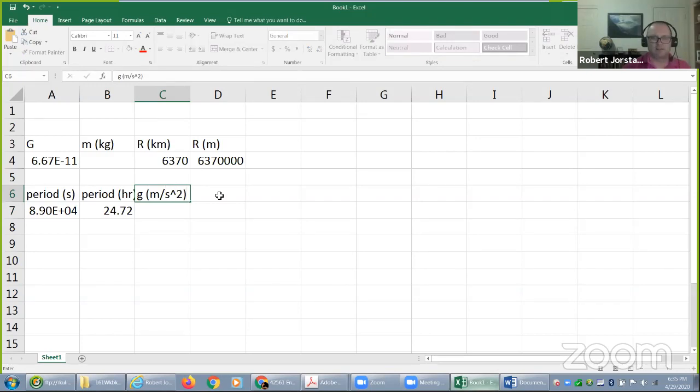And so that would equal big G, and then I hit the F4 button, times, let's see, what was it? By the mass of the planet, this one, F4, whatever it was. And then divided by the quantity, the radius, use this one, plus, I'm going to call it this here.